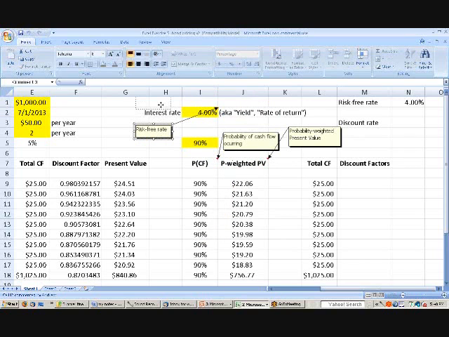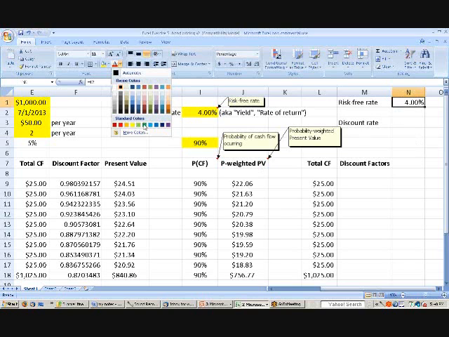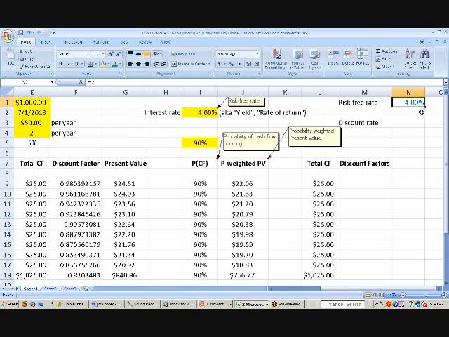Actually, I'll move this up. Where's a good spot for it? Up here, maybe. Okay, so that's one component of the discount rate. The other component is the risk premium, and this is going to be an input.